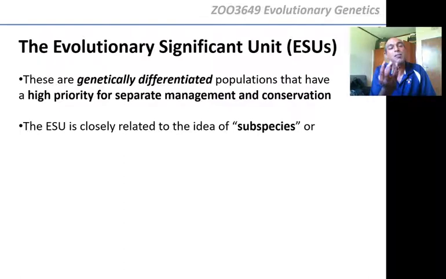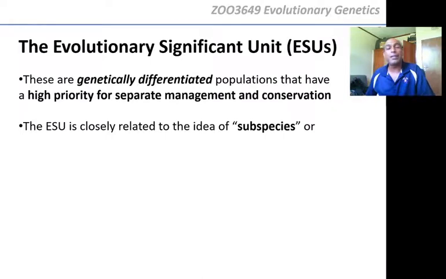So when a population or species is defined as an evolutionary significant unit, then it has the maximum priority for separate management and conservation. That's what you say to the politician: put your money here. This is where we need to invest because this is an ESU.